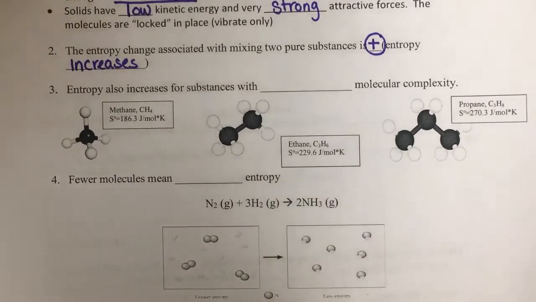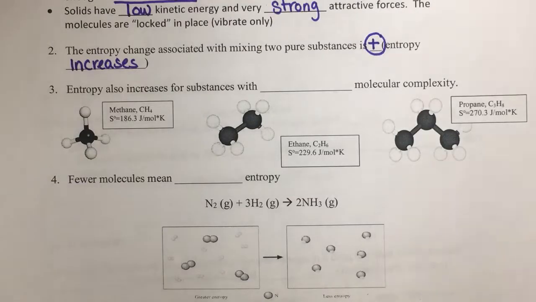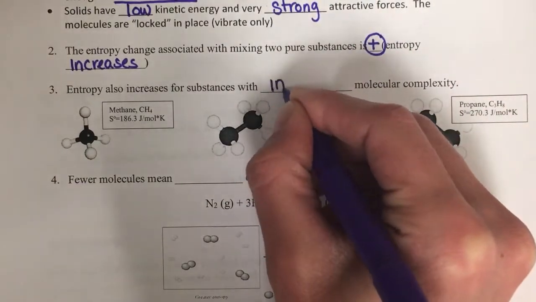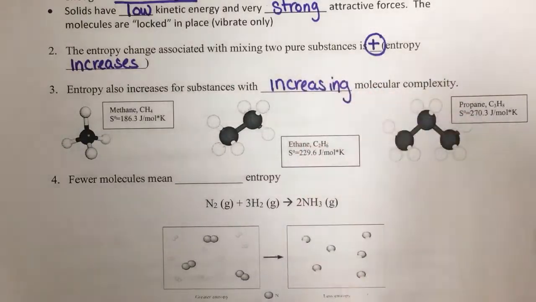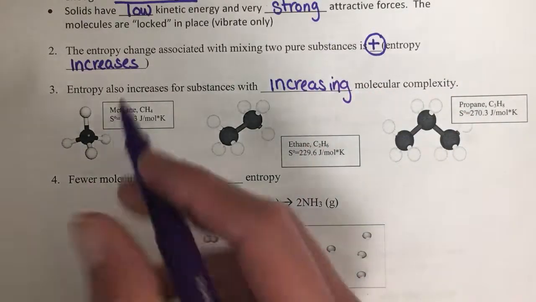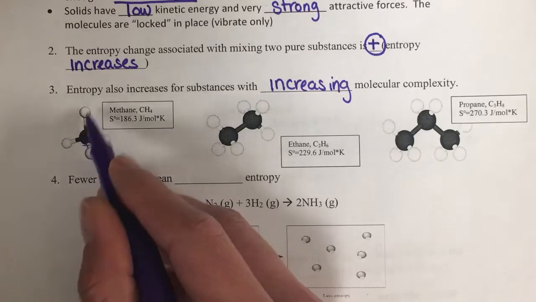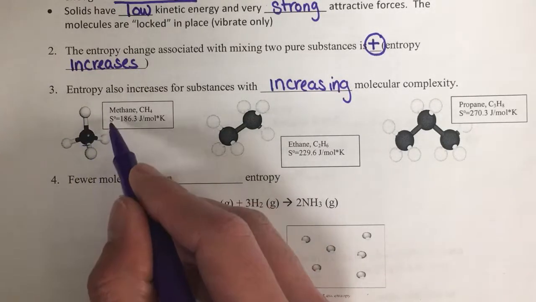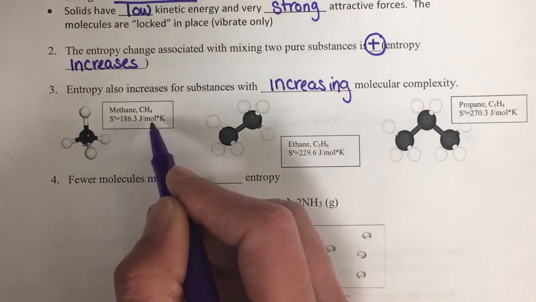The third one is going to be increasing molecular complexity. Okay, so here I've got methane, 1 carbon, 4 hydrogens. The S is going to be 186.3 joules per mole.